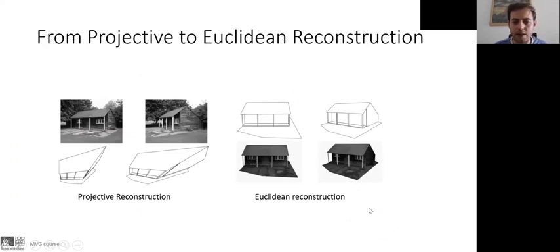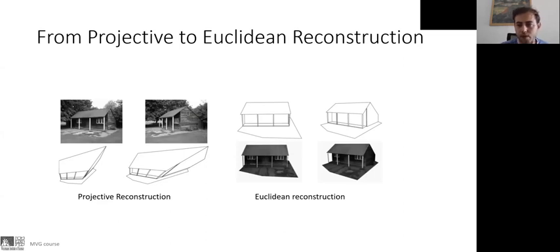And the reason is that projective reconstruction has this ambiguity of a general homography that can really distort the reconstruction. So it doesn't preserve angles and ratios between segments. And usually what we would like to have is a Euclidean reconstruction.